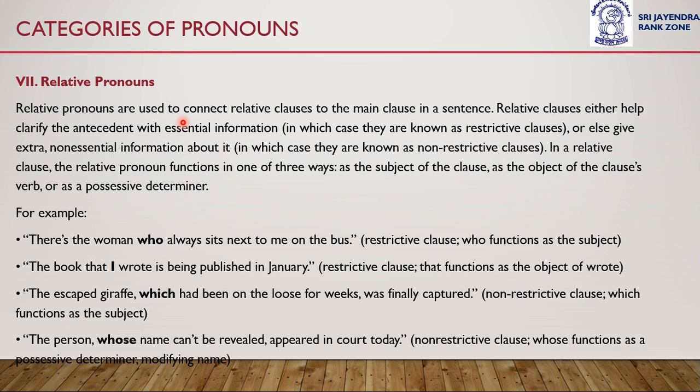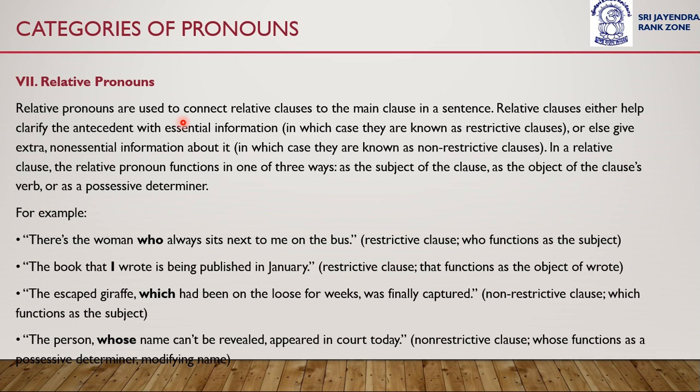Okay, so who is a restrictive clause over here because it is talking about a specific woman and it is functioning as a subject. Alright, so in this sentence, who is the relative pronoun which is functioning as a restrictive clause and who functions as a subject.